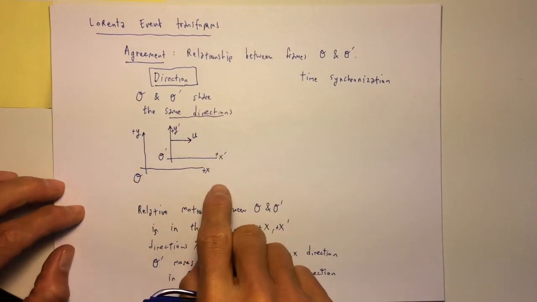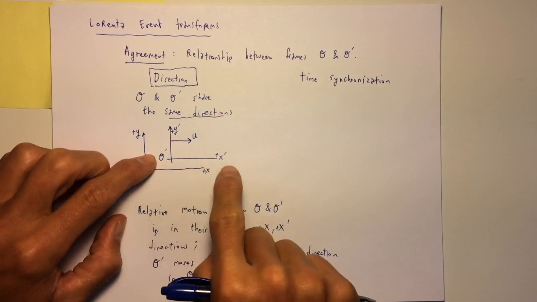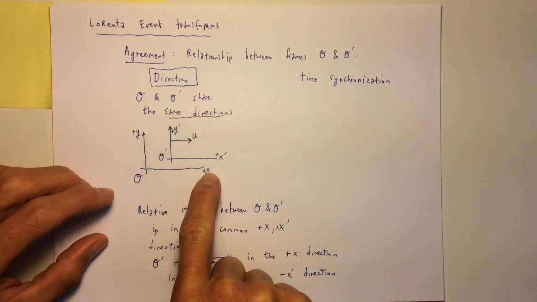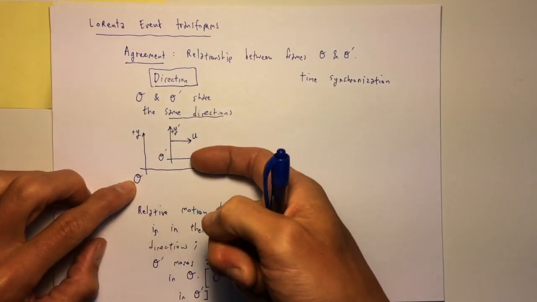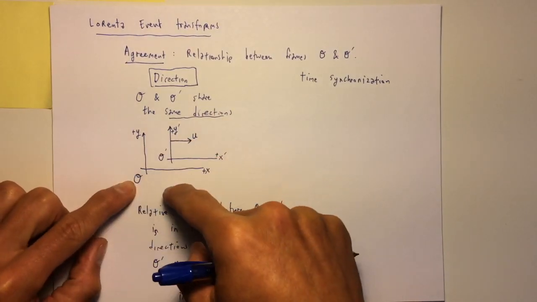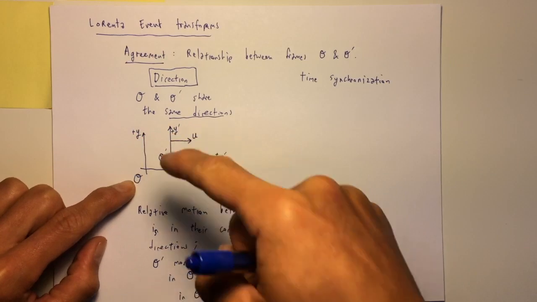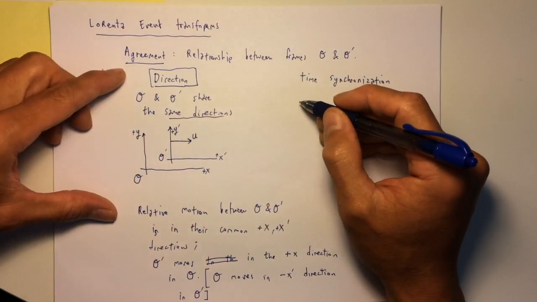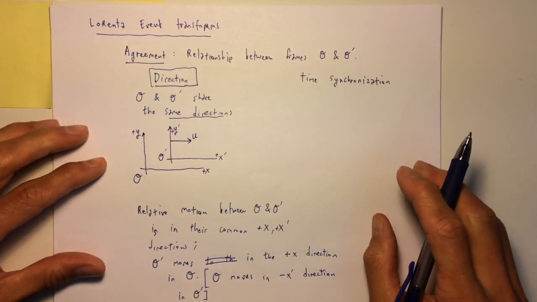And by right and left, I mean O prime moves in the positive x direction at speed u, or O moves in the negative x prime direction at speed u relative to O prime. Okay, so I'm being very, very specific, right?